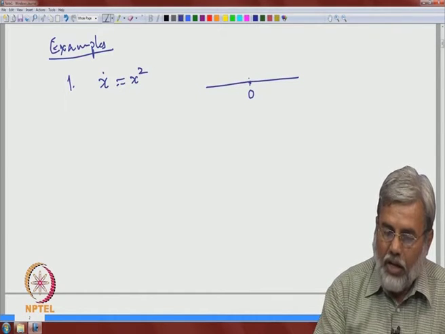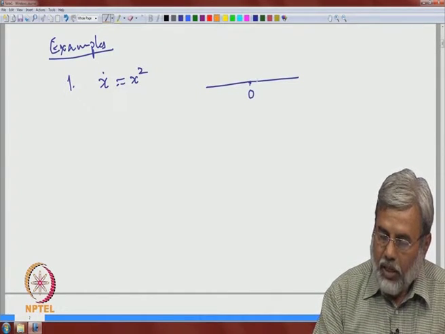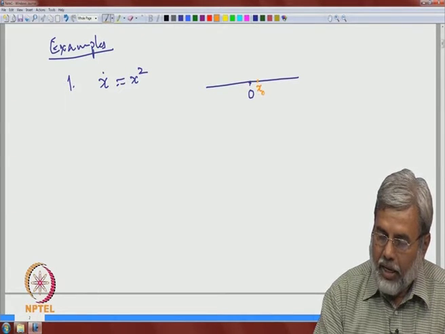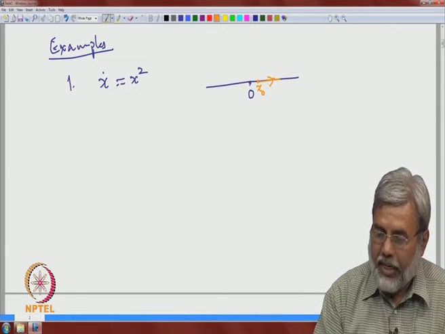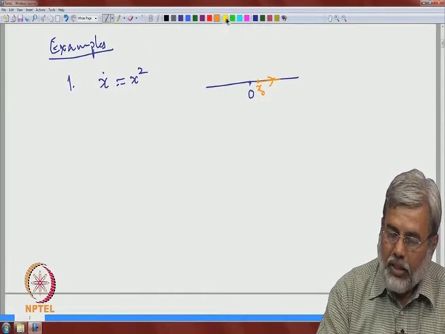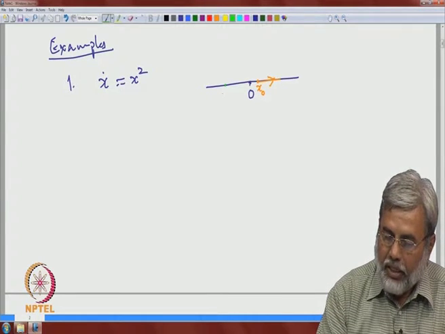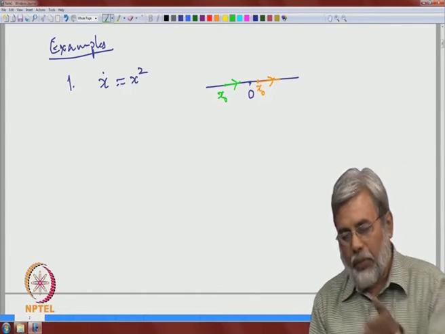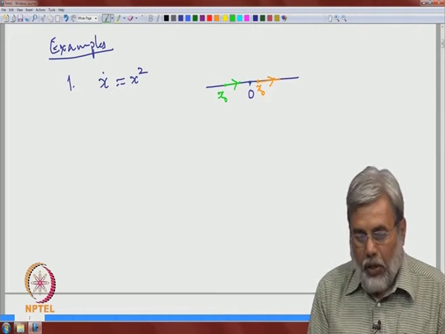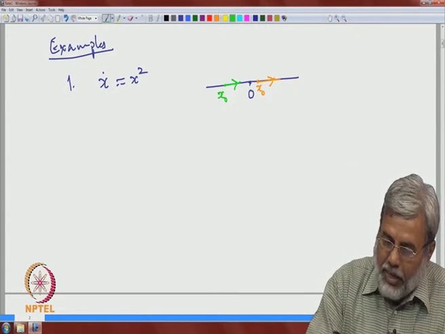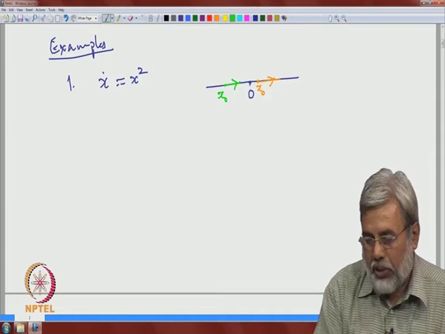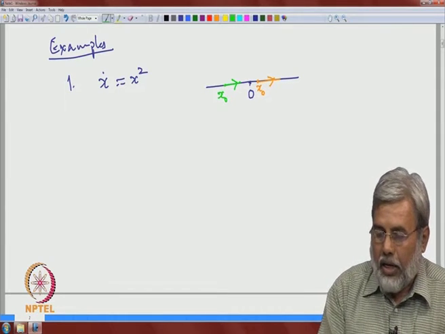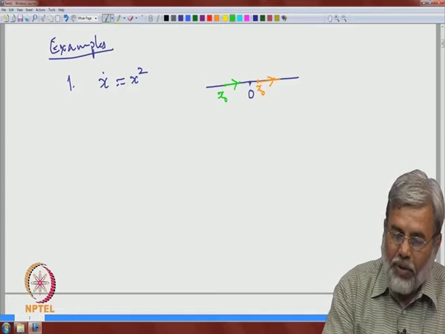We saw that if we start a solution with initial value x 0 positive, it will move in that direction, and if we start a solution with x 0 negative, then it will move towards 0. This we have already worked out. So, if I start the solution in a neighborhood of 0, on the left side it approaches 0, but on the right side it goes away from 0.